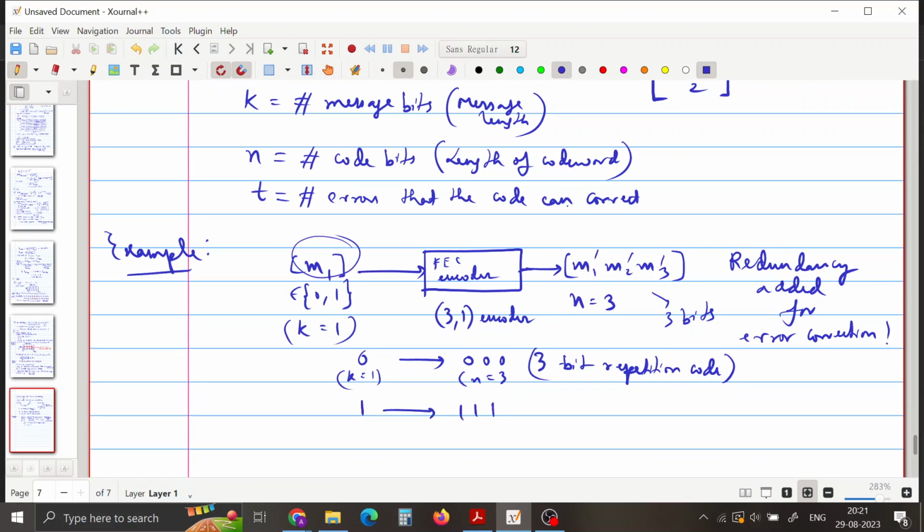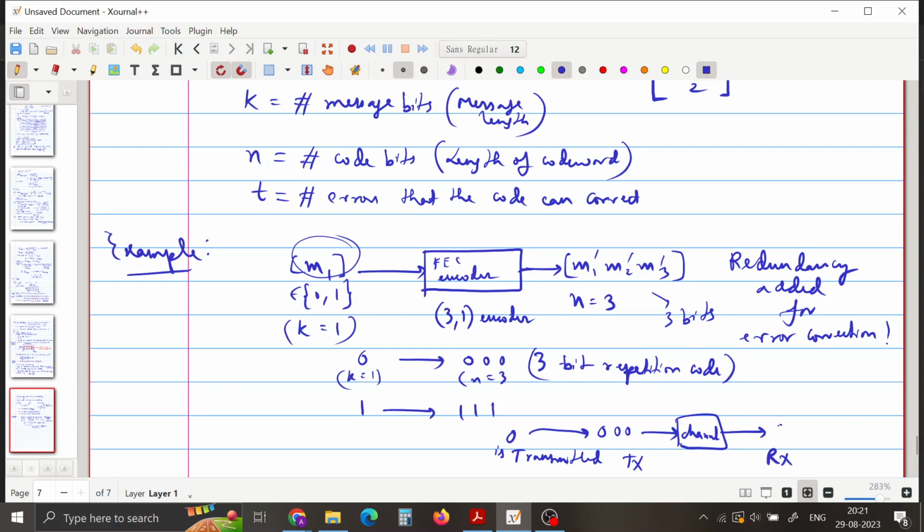If you transmit 0, you first encode it to three zeros, 000, and it is transmitted to the channel. At the receiver, let's say one of the bits is corrupted.